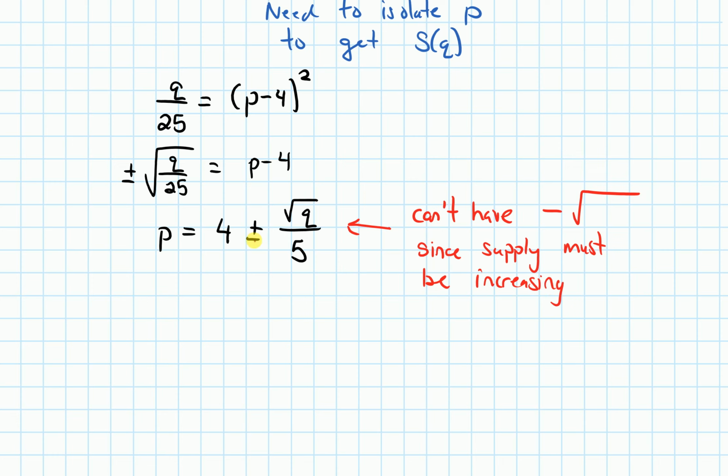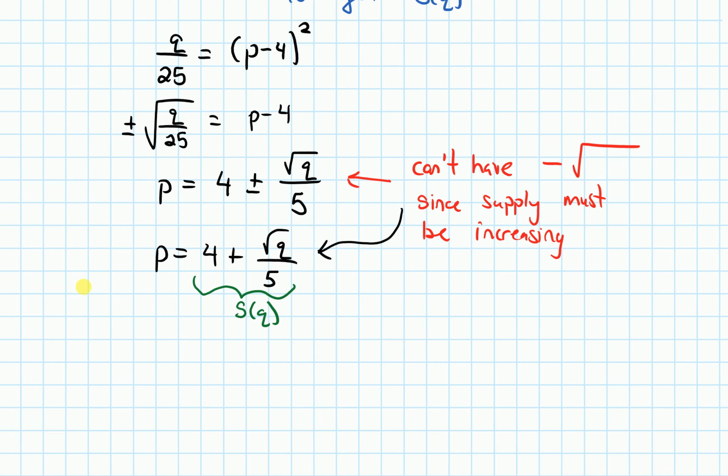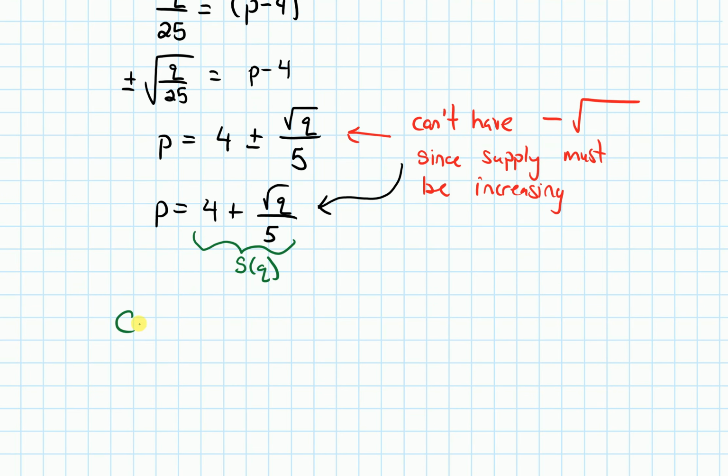And if I had a negative in front of the square root, it would make this function be decreasing. All right, so that is indicating to us that P should just be 4 plus root Q over 5 as a result. All right, so we got our supply in terms of the variable Q, which means this right here is S of Q. And we are ready to plug this in to our producer surplus formula.